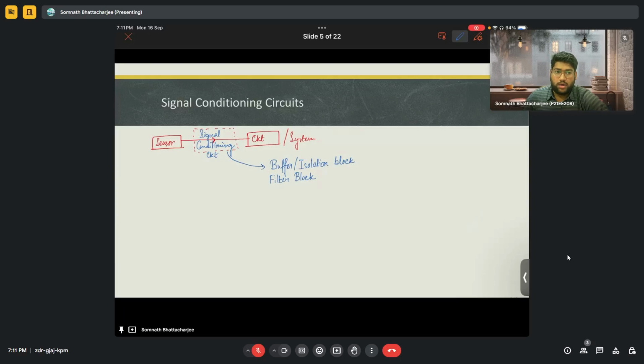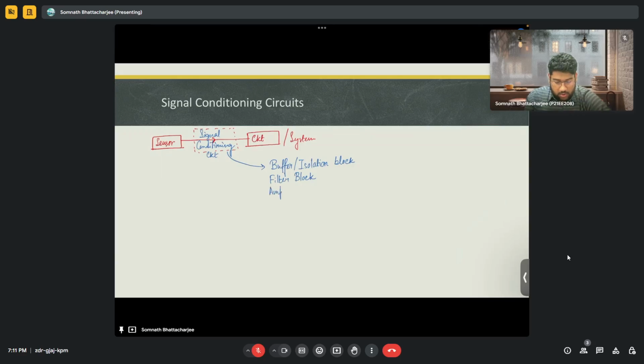And then, if the signal is very low, to utilize it in a real time system or something, we need an amplifier block. So these are the three kinds of signal conditioning blocks available for us, and the most important ones are obviously the filter block and the amplifier block, although in some cases we definitely need a buffer and isolation block as well.